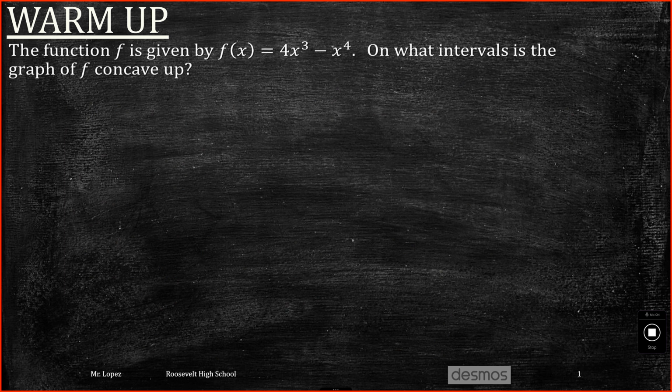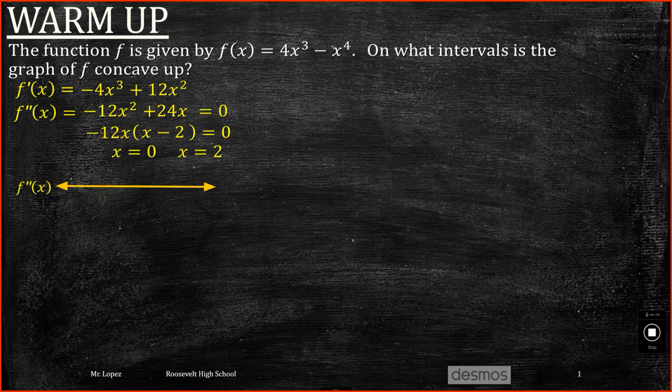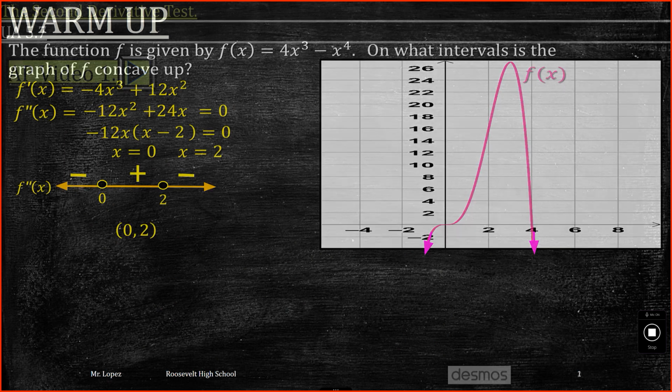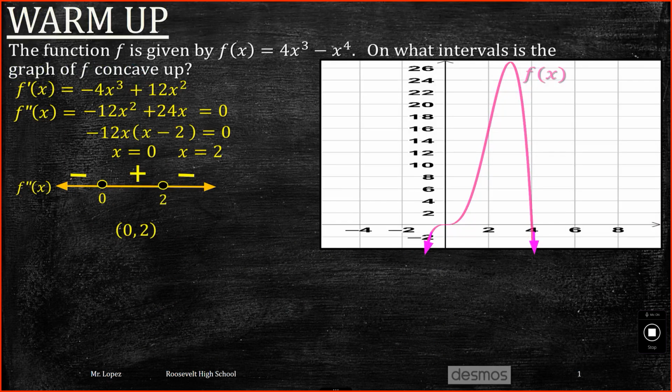When it comes to inflection points, we don't include the endpoints. So from 0 to 2, the graph of f is concave up.